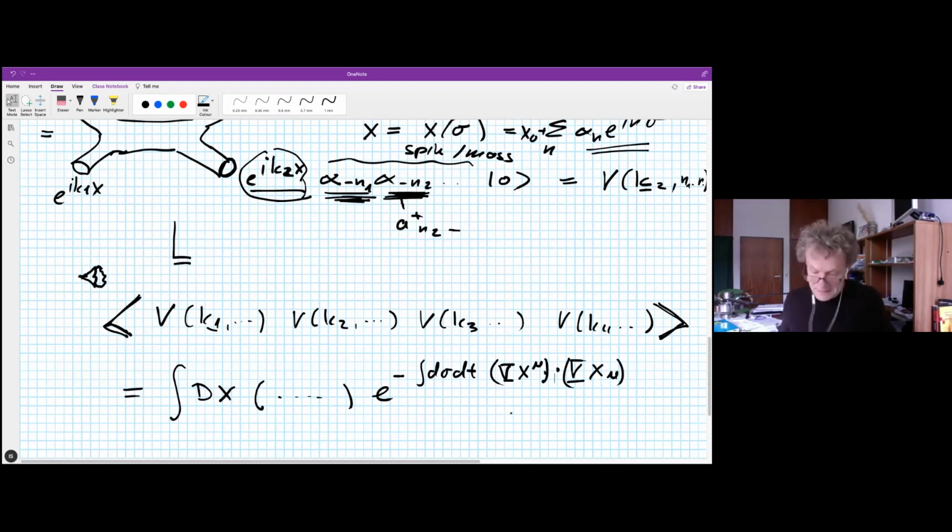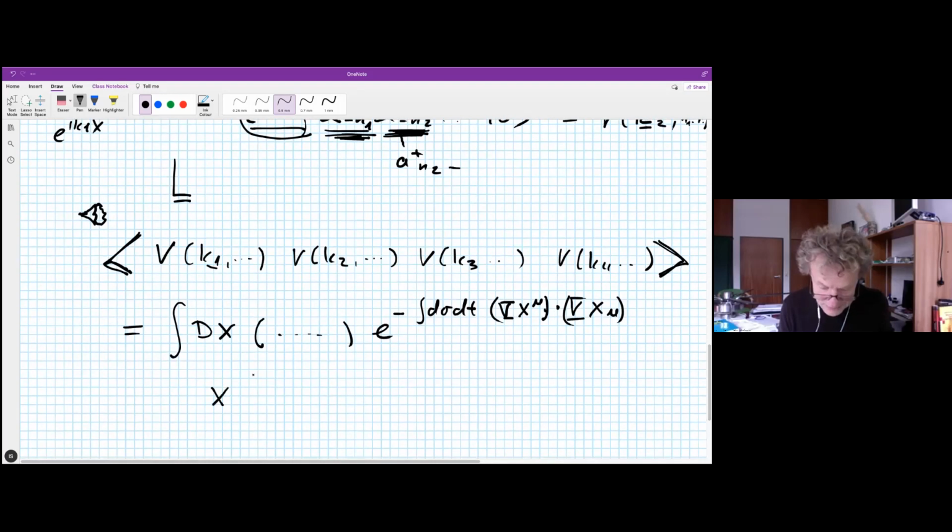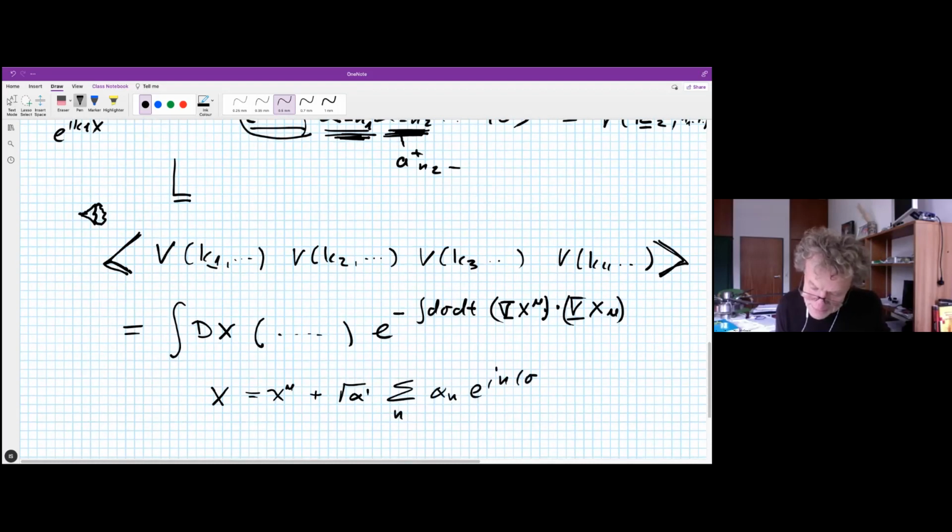And then x, you think of it as this little x mu, which is just the center of mass coordinate, plus some dimensionful quantity in order to get the dimensions right, and then you write here the sum over n, alpha n, e to the i n (sigma minus t), and then plus alpha twiddle n, e to minus i n sigma.